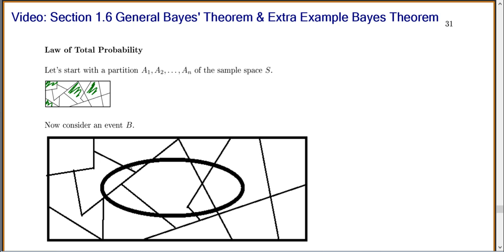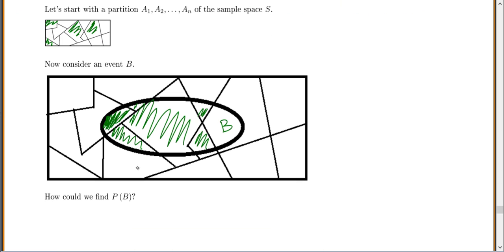Okay. Now let's consider an event B. Okay, so here's my B. And what if we wanted to find the probability of B, and we don't know just that? Well, what you could do is figure out, what's B intersected with this little piece of A? And what's B intersected with this piece of A? And this piece of A, this piece of A, etc. So how can we find the probability of B?